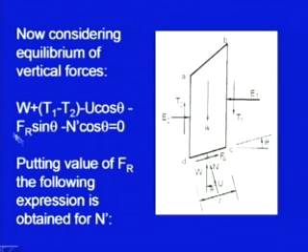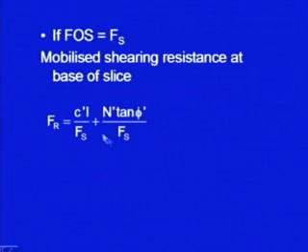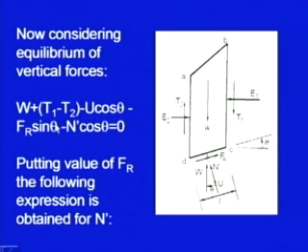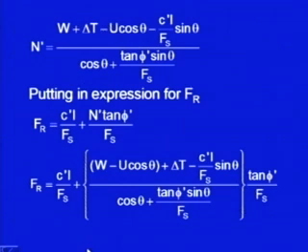This equation will be there, and the total sum should be equal to 0 because we are considering the slice to be in equilibrium. Now, putting the value of Fr which we computed previously, and solving this equation, we get the following expression for N dash.